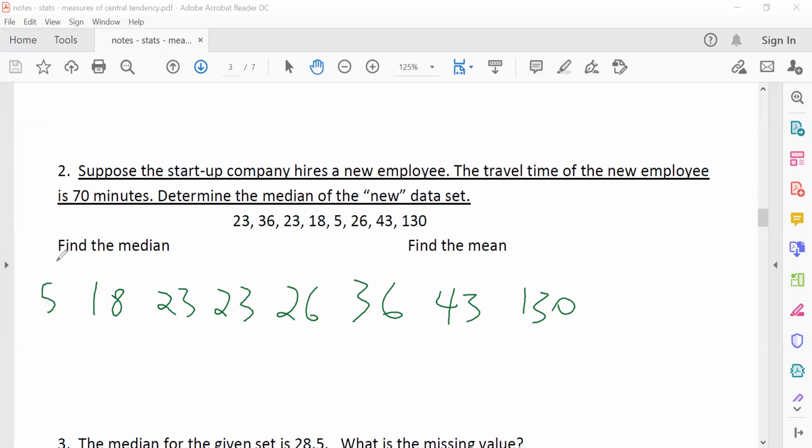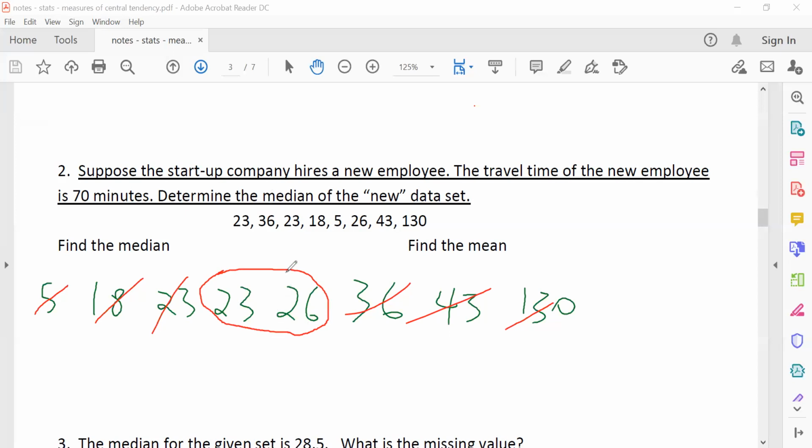Now we're finding the median. We can try our crossout method. But you have to always cross out in pairs. You can't just cross out a single number. You have to cross out its pair on the other side. That leaves us with two values in the middle. Two values perfectly in the middle. So like you were telling me, hey, we got two in the middle, just go in between them perfectly.